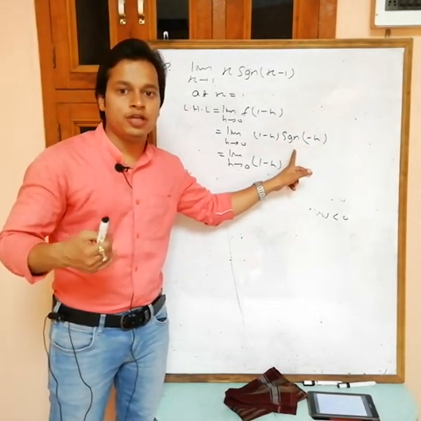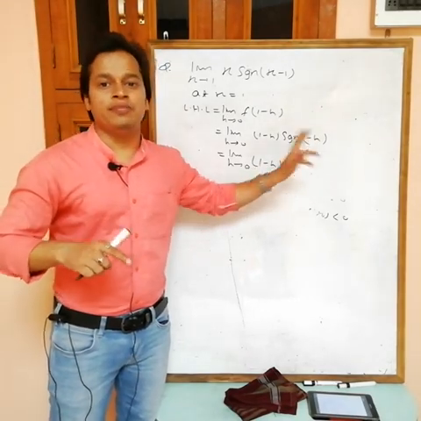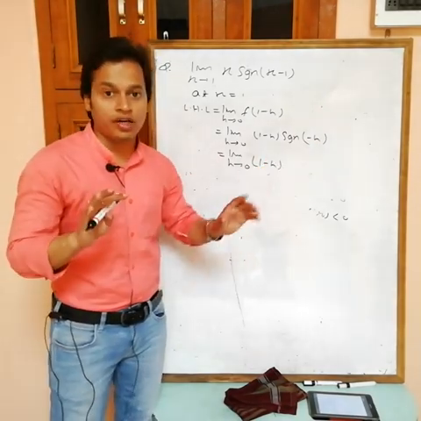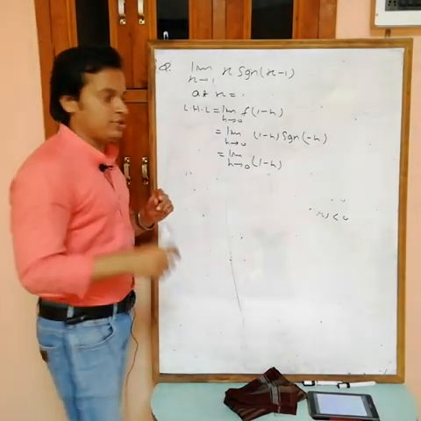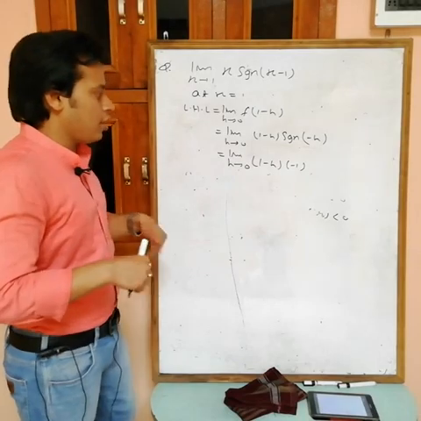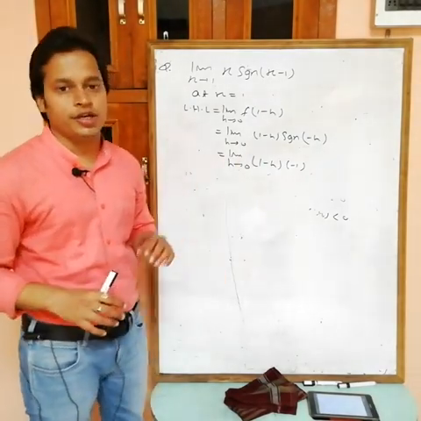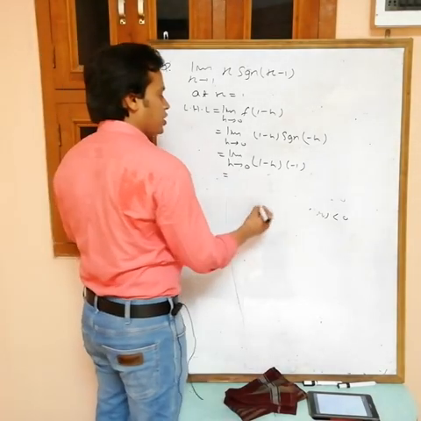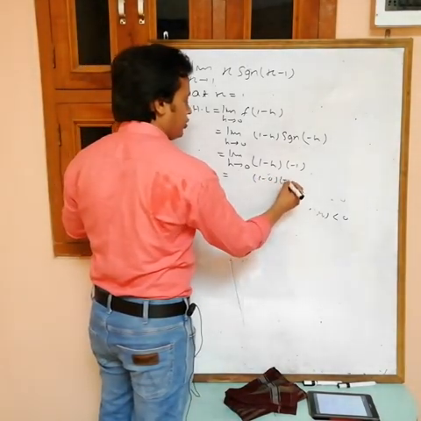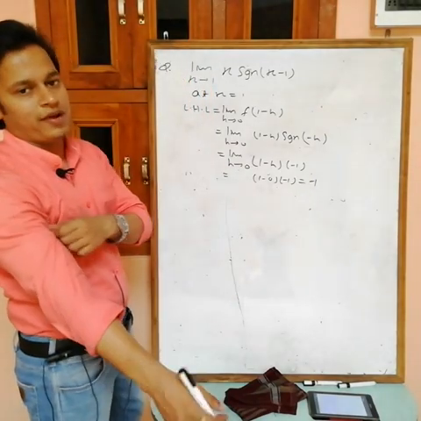If this one is positive, then the value of signum is plus 1. Only if this is exactly 0, then signum is equal to 0, but h is not equal to 0, this is just greater than 0. So the value of this one is minus 1. Now we can't simplify further, so put the value of h as 0 at the end. So if you put h equals 0, 1 minus 0 into minus 1, we are getting minus 1. So LHL is equal to minus 1.